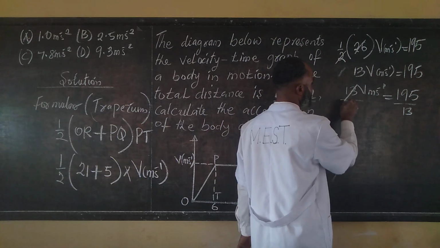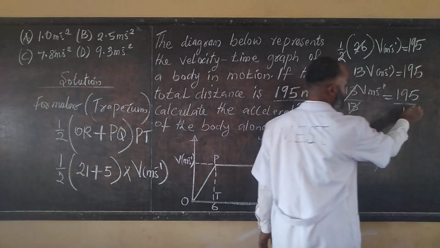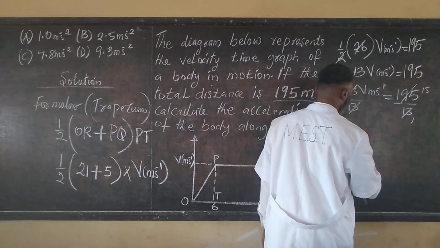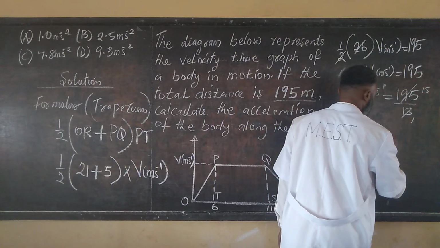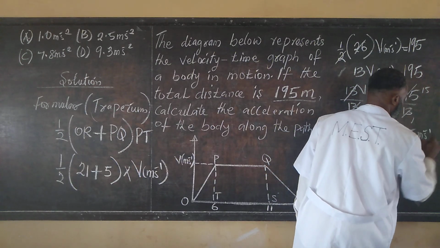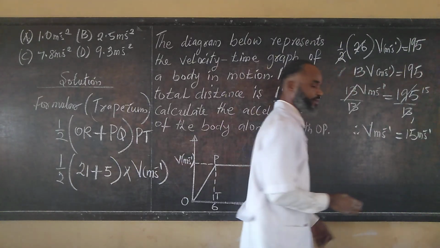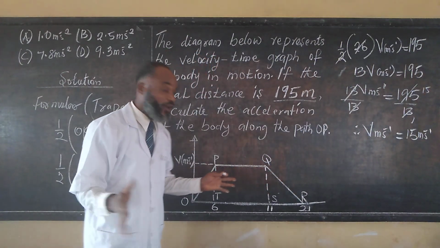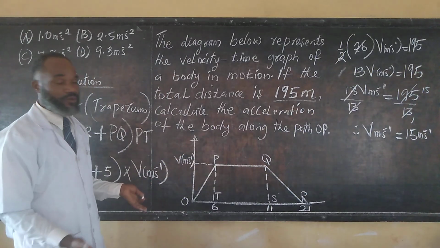Good. So this takes care of this, the 13s cancel, and 195 over 13 becomes 15. Therefore, V is equal to 15 meter per second. Now we have succeeded in finding the velocity of the body in motion.